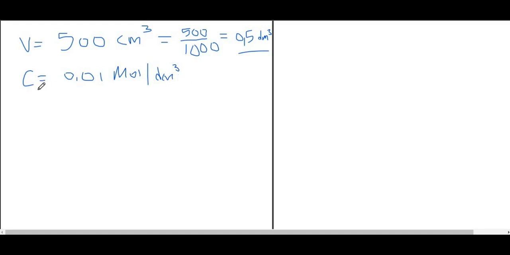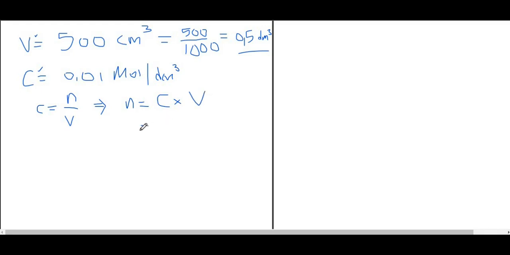So if I have the concentration and I have the volume, I can calculate the number of moles, and I've shown you how to rearrange this equation in the previous question, which says C equals to N, the number of moles per volume, meaning to get to the number of moles, it will just be N equals to CV. So it's going to be C multiplied by V. So what is my C?